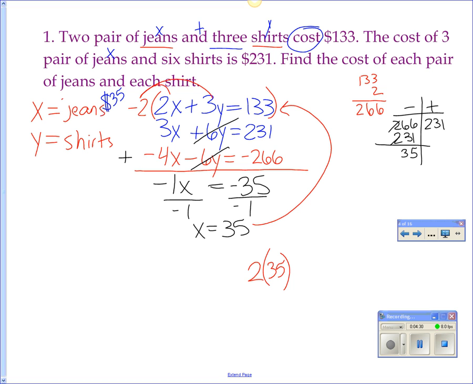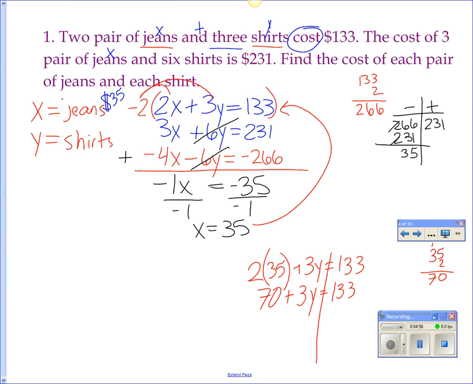Plus 3y equals 133. Okay, again, for 2 times 35, I got to come over to the side of my paper. 5 times 2 is 10. 3 times 2 is 6 plus 1, so I get 70. Plus 3y equals 133.